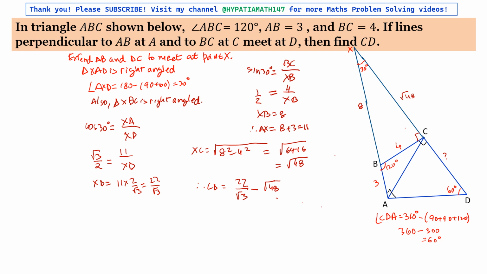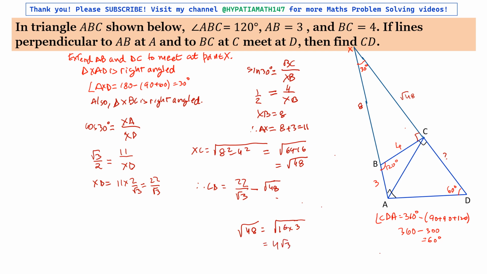I can simplify root 48. 16 times 3 is 48, so root 48 would be 4 root 3.